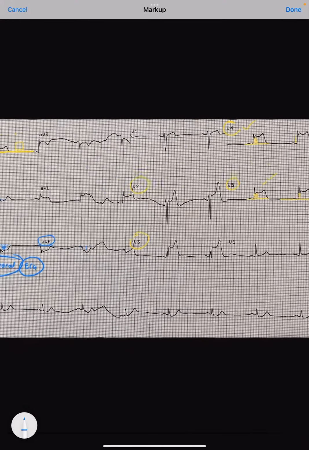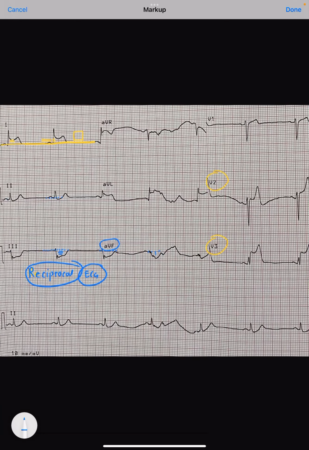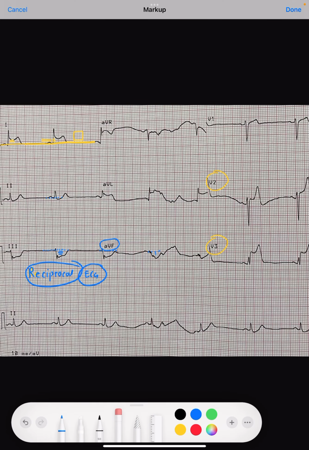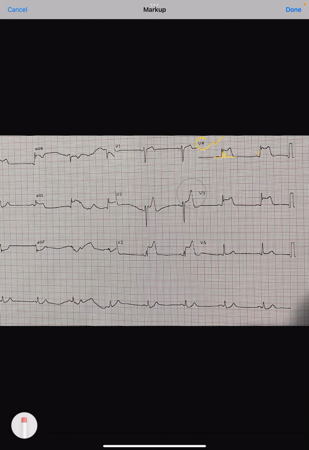ST elevation of more than 2 millimeters in more than 2 consecutive leads in a patient presenting with chest pain, shortness of breath, palpitation or uneasiness is a crystal clear MI.